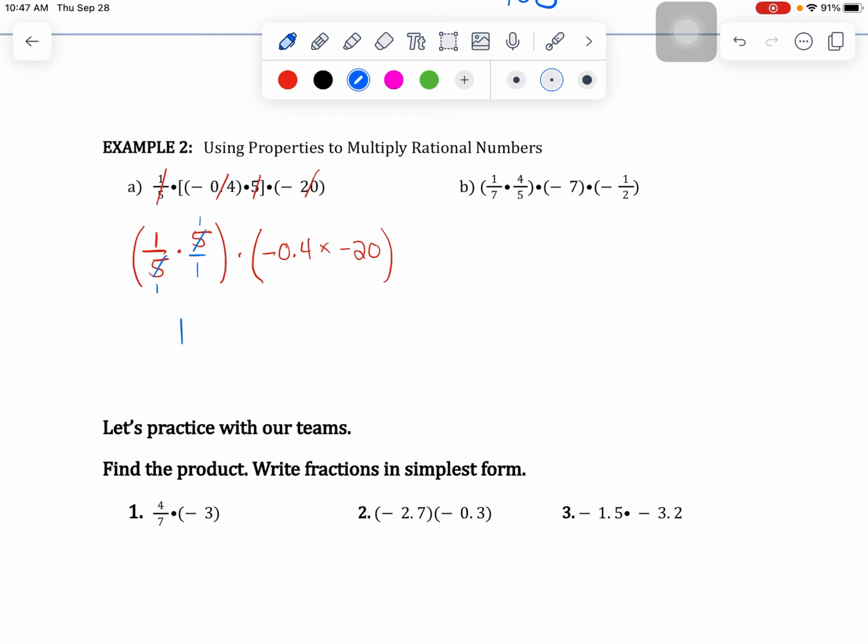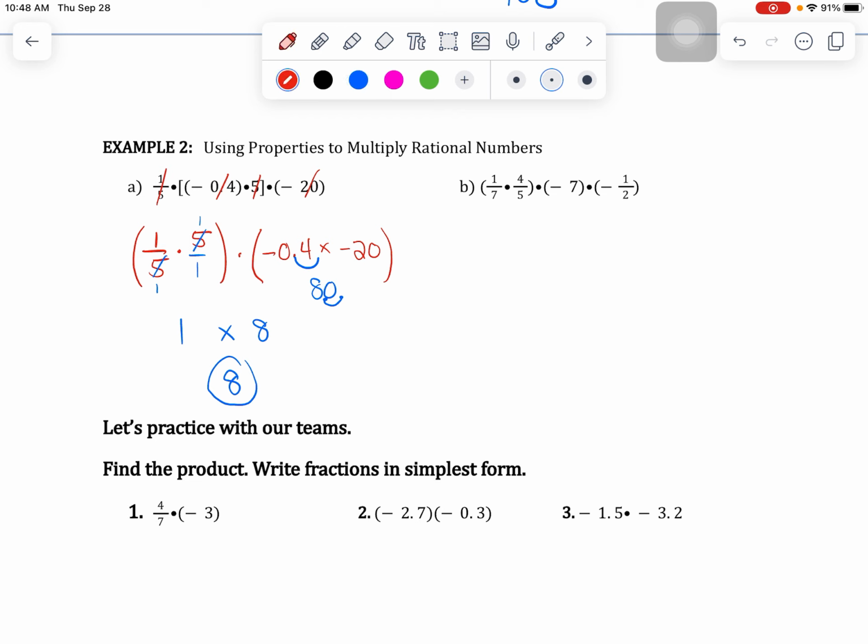I know 4 times 20 is 80. Here, a negative and a negative make a positive, so I have positive 80. Now I'm going to look at my decimal. This decimal I need to move 1 time. So if I move my decimal once here, I end up with 8. So I end up with 1 times 8, which is an answer of 8.